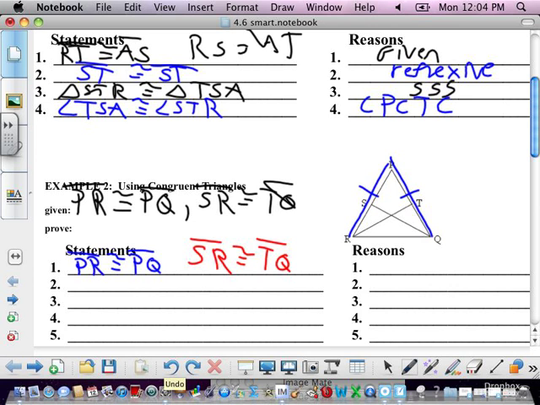So SR, this part right here, congruent to TQ, this part right here. All right. You're right. I should write where given. Here's where it gets tricky. I want to say something about Q to S and R to T.